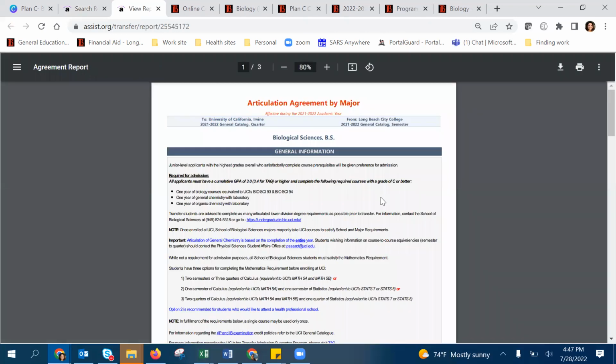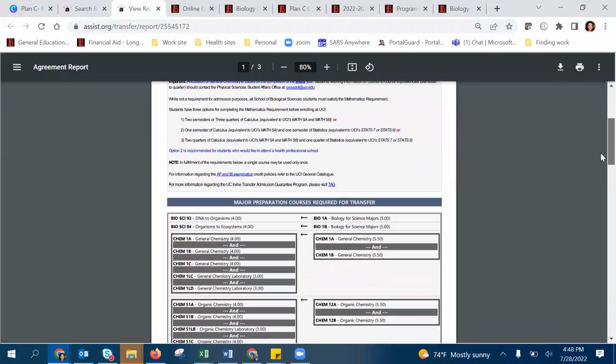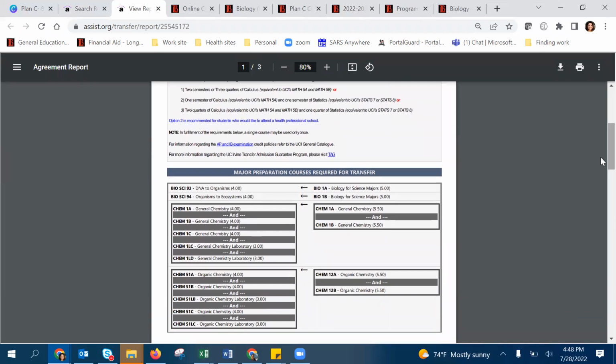We'll go to view agreement. It will tell you important information such as the minimum GPA that they would like to see, the courses that they want to see in general, any articulation of chemistry, courses they'll take from AB and IB examinations, AP, and how to participate in the TAG program.